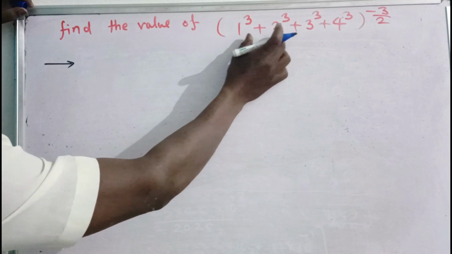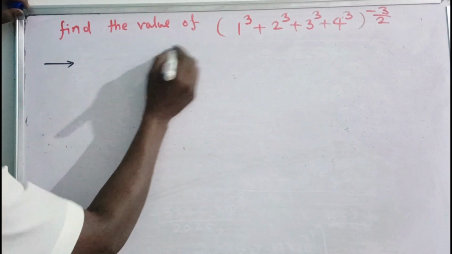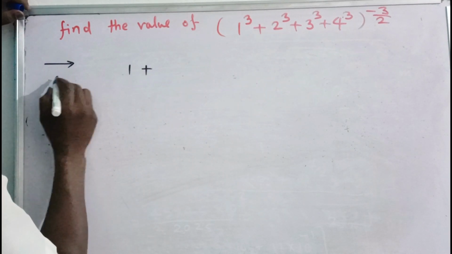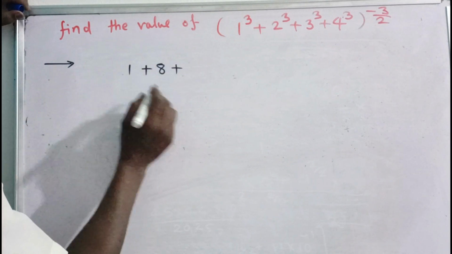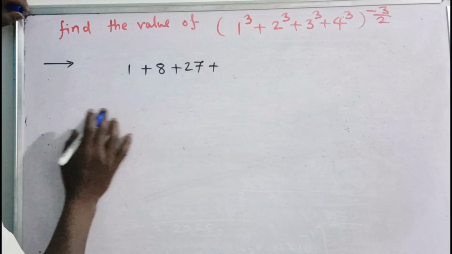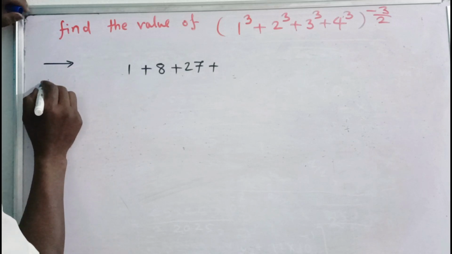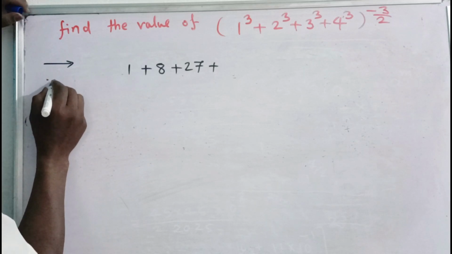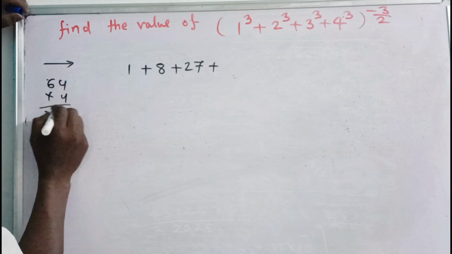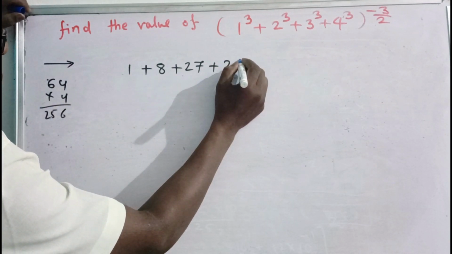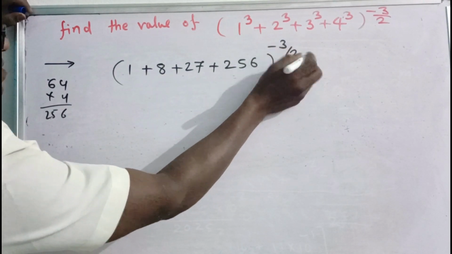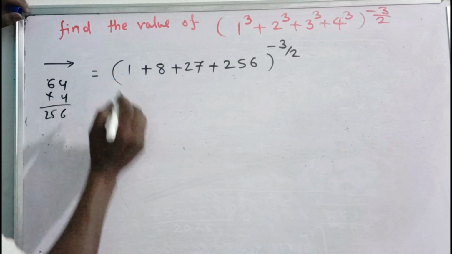First of all, we want to find out the values of these. Now, 1 cube is 1, 2 cube 8, 3 cube 27, 4 cube 64 into 4, 256, raised to the power minus 3 by 2.